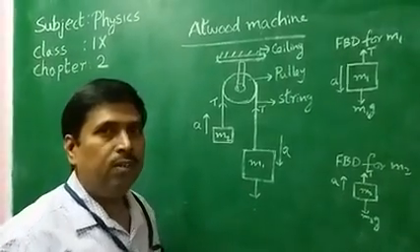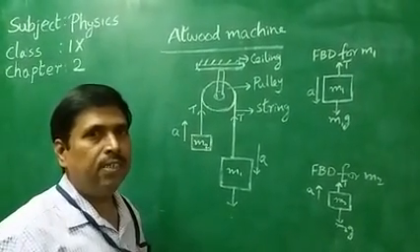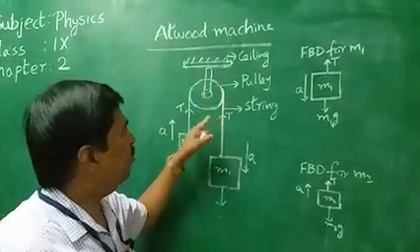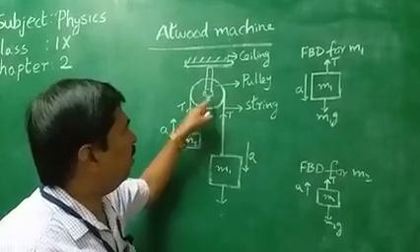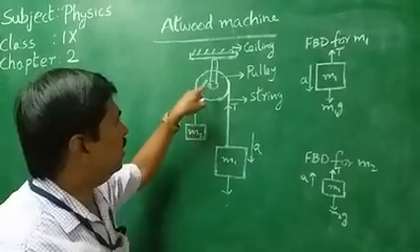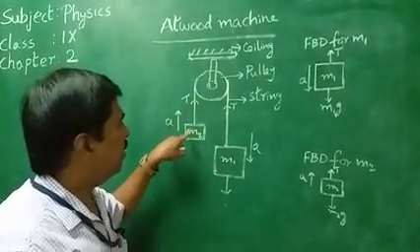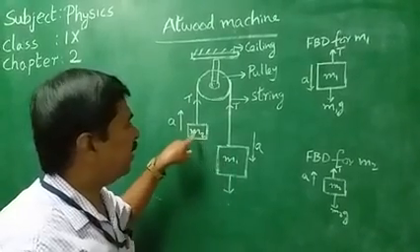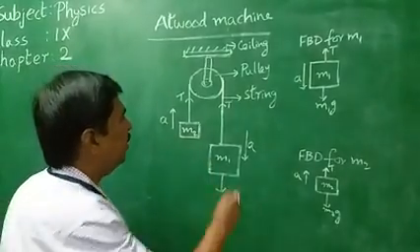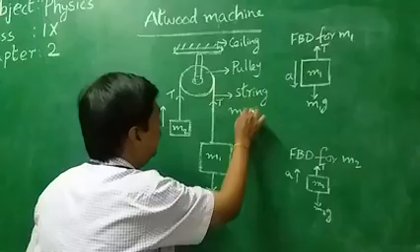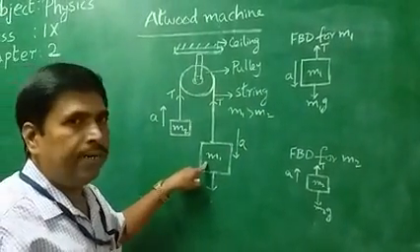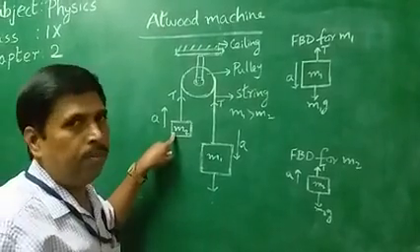It consists of a small wheel called a pulley connected to the ceiling, with an inextensible string. At the ends of this string, you connect two loads M1 and M2. We consider M1 is greater than M2. So M1 has the greater mass and M2 has the lower mass.